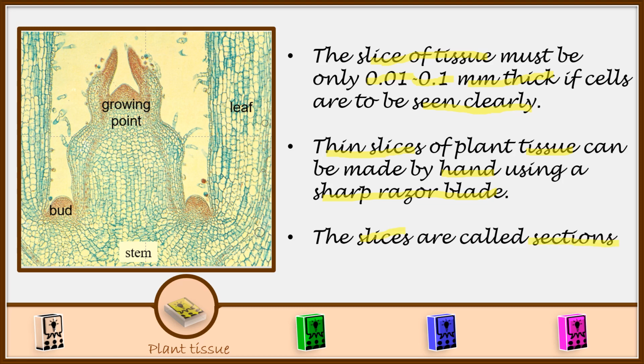When you cut from top to down, that becomes a longitudinal section. When you cut across, that becomes a transverse section. So the slices are made in sections.